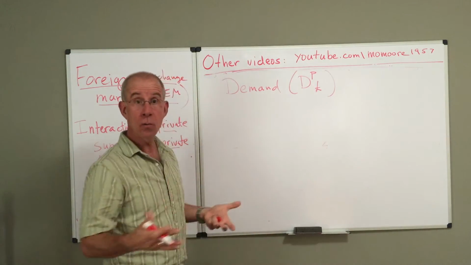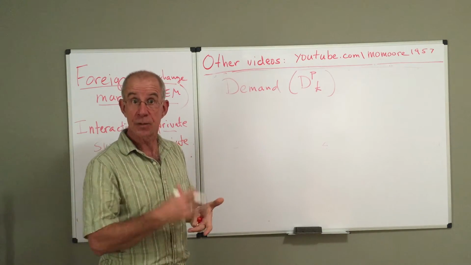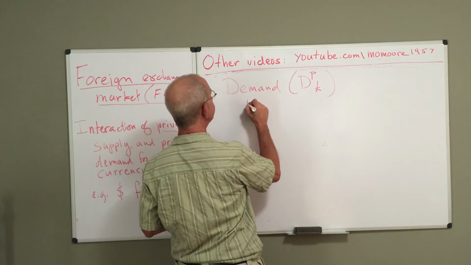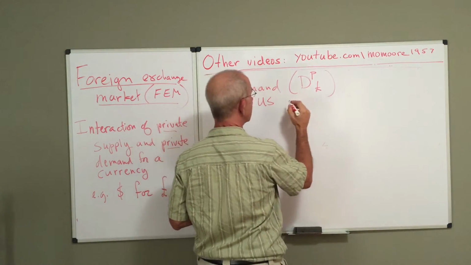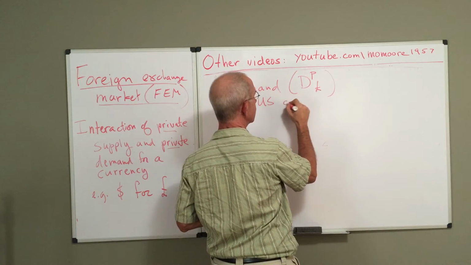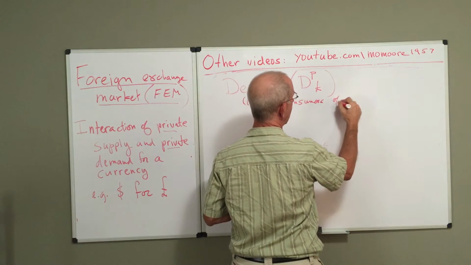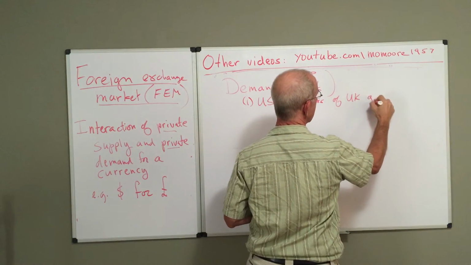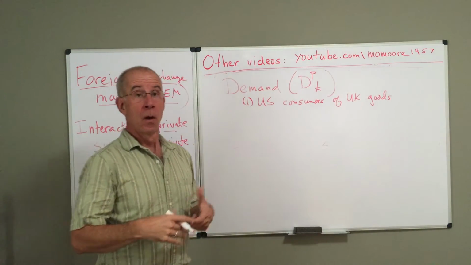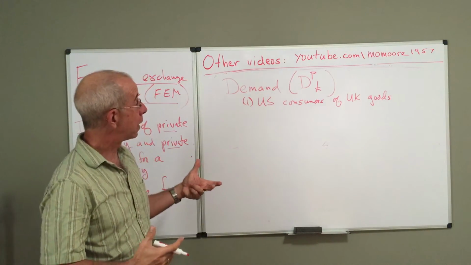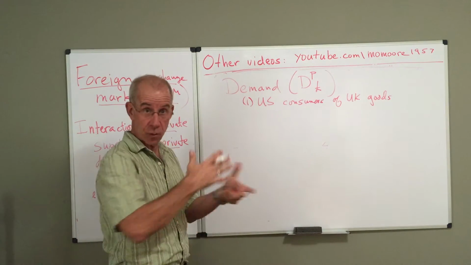Okay, so who are people that might have dollars and want pounds? One, U.S. consumers of UK goods. An American needs pounds in order to buy UK goods, either directly or indirectly.